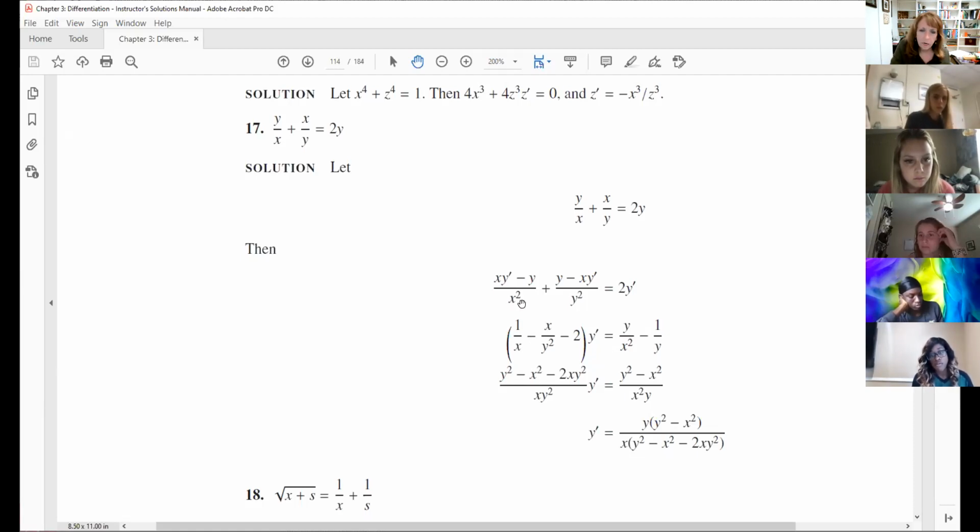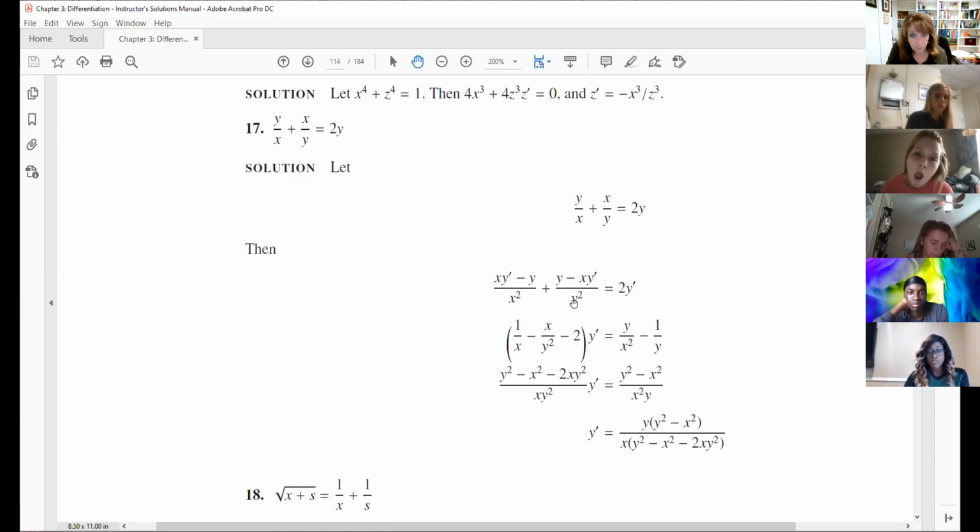Okay, because we have a common denominator here, they went ahead and split this thing apart. So this would be the same as x over x squared. Okay, let's see here. No, it'd be xy prime over x squared. That's going to give you y prime over x. Let's see, where's your y prime? There's your y prime over. They skipped some steps here.